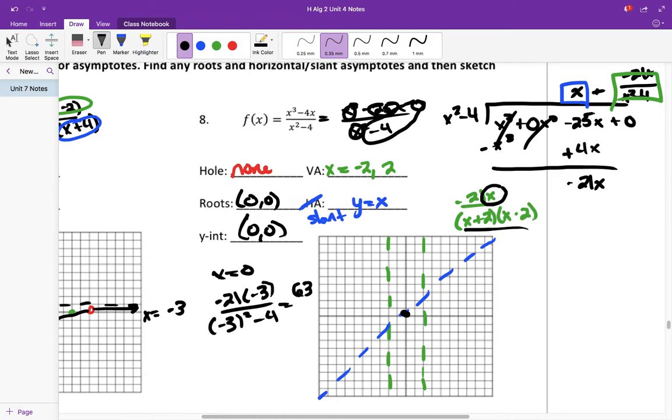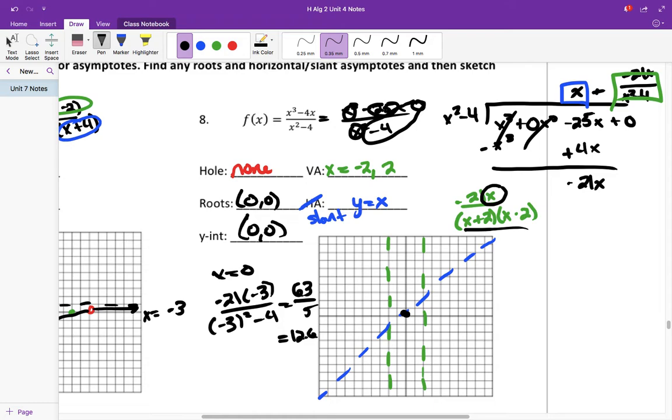So this ends up being a positive 63 over -3 squared, which is 9. 9 minus 4 is 5. And 63 over 5, since we're graphing, I'll think of it as a decimal, 12.6.